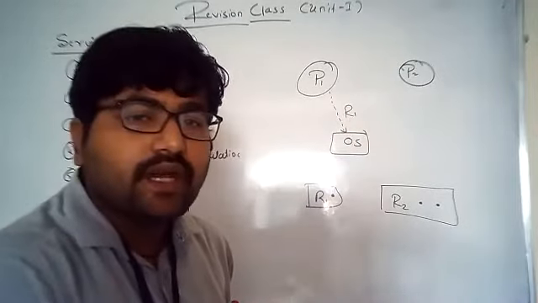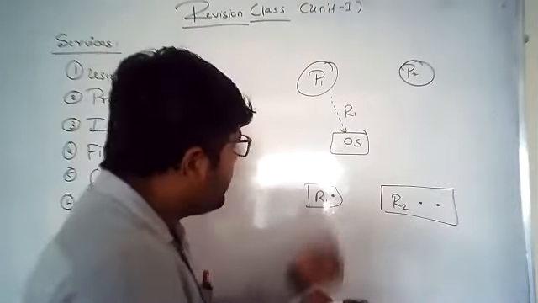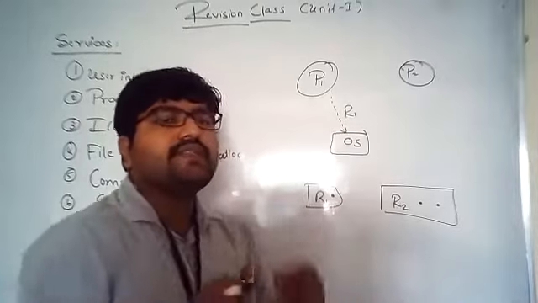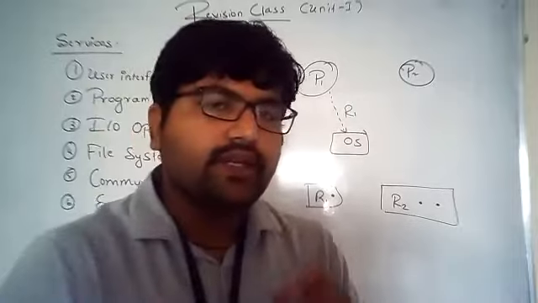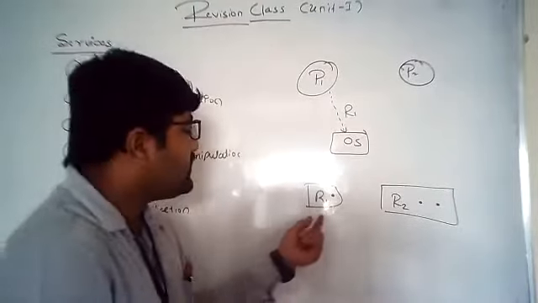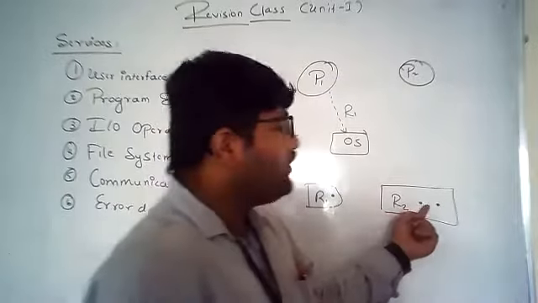How many instances are there? How many instances are inside R1? The dot represents an instance. How many instances are there in R1? One instance. How many instances are in R2? Two instances.